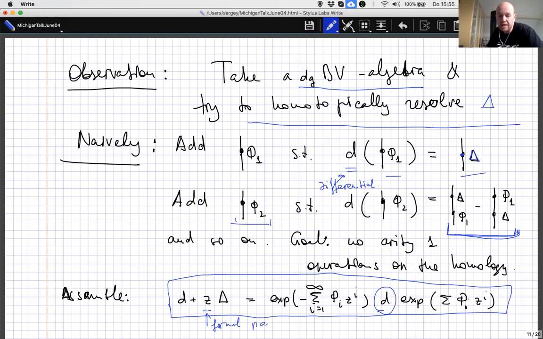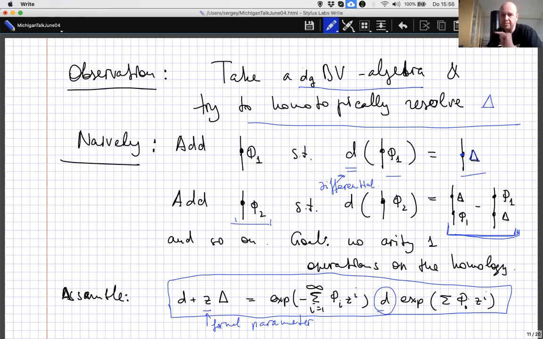And now I want to go back, and the point is the following. I want to show you that my only example today, polyvector fields on Calabi-Yau manifolds, is exactly the example where I have naturally a homotopy solution for my delta.